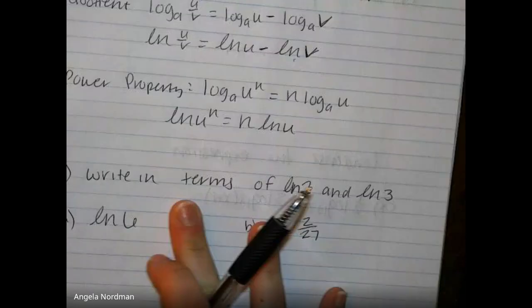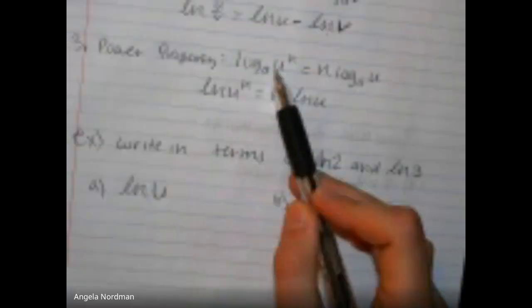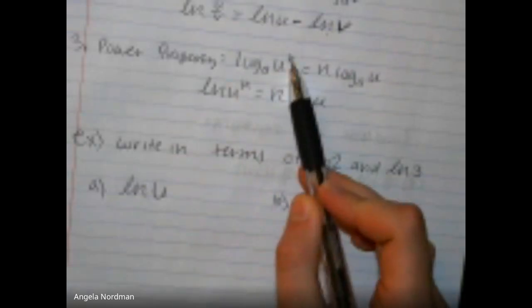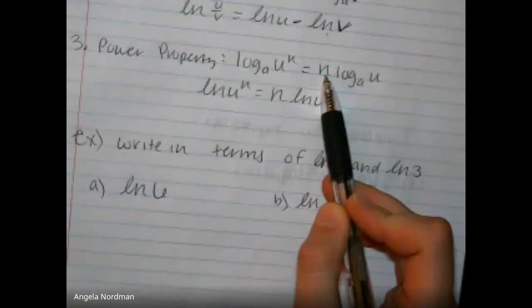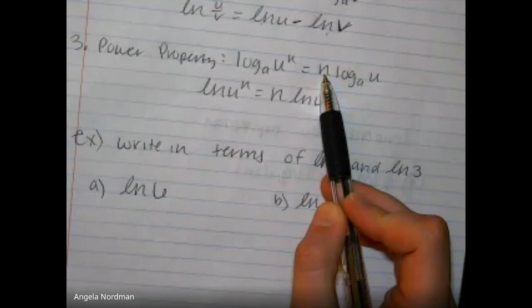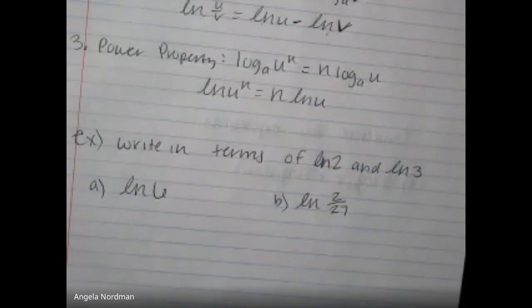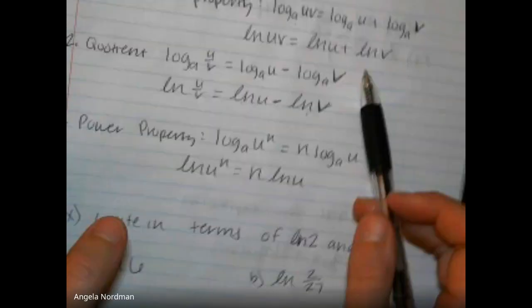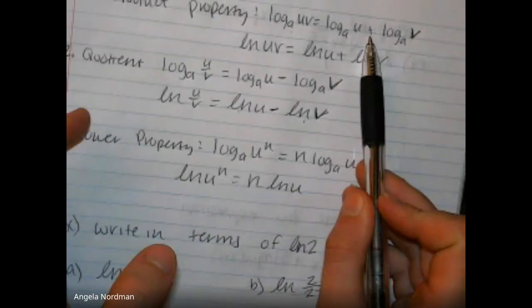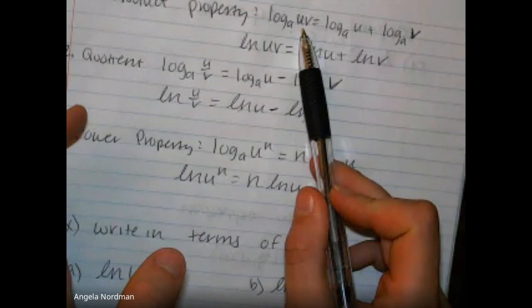The last property is the power property. If we have log base of something with an exponent, we can take whatever exponent was there and throw it out in front. What I want to remind you is all of these properties go backwards. If you have logs of the same base split up by addition, you can turn those into multiplication.